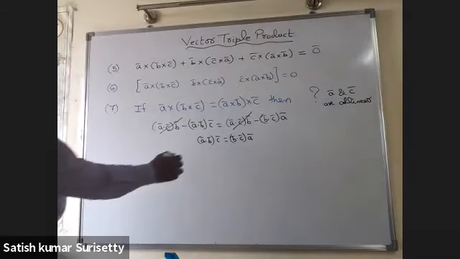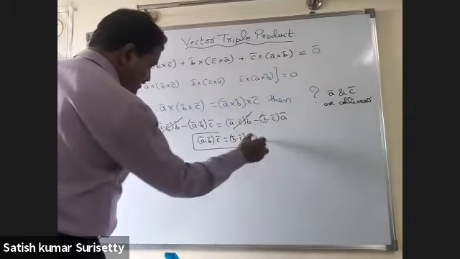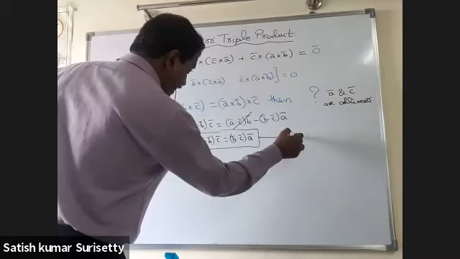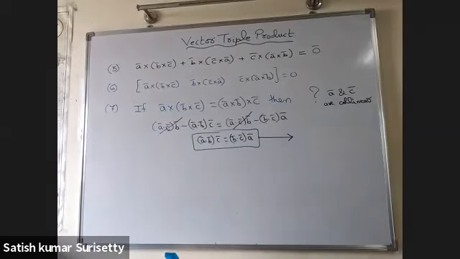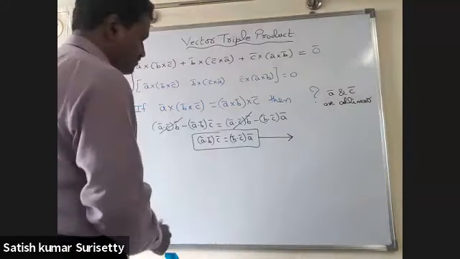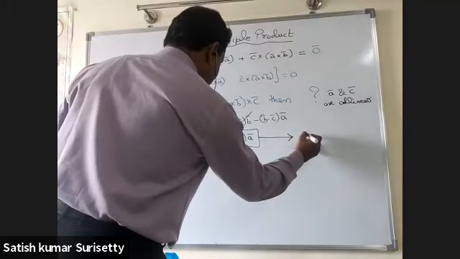Now again from this, can you write any other statement in terms of the vector triple product? B bar cross C bar cross A bar. One minute.